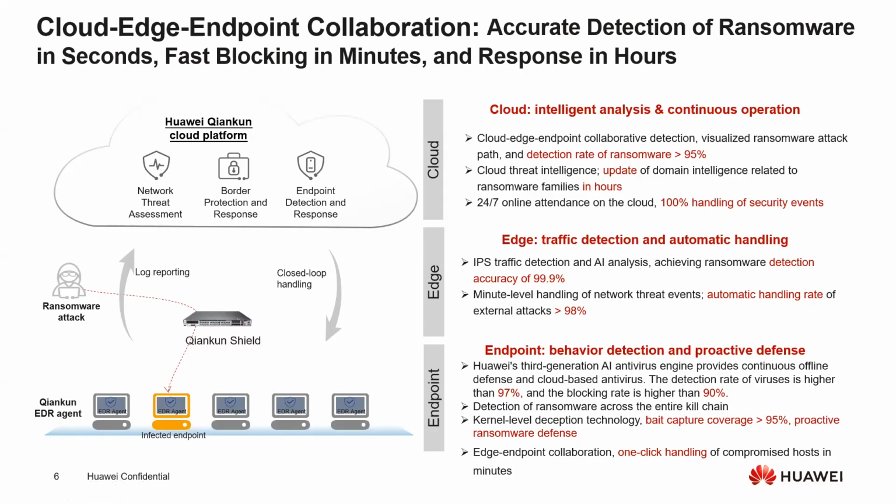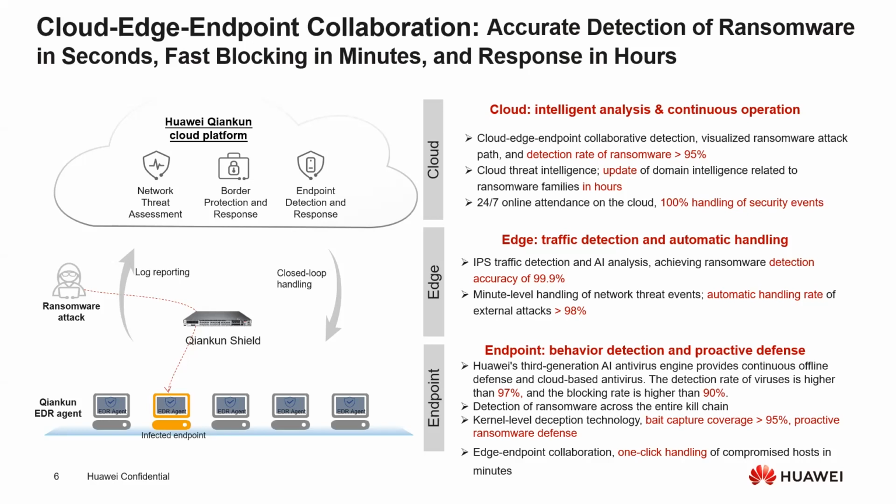So Huawei Qiankun Cloud Platform uses the closed-loop threat handling mechanism of cloud, edge, endpoint collaboration to build the competitiveness in the ransomware intrusion scenarios and implement second-level detection, minute-level blocking, and hour-level closed-loop threat handling of the ransomware.